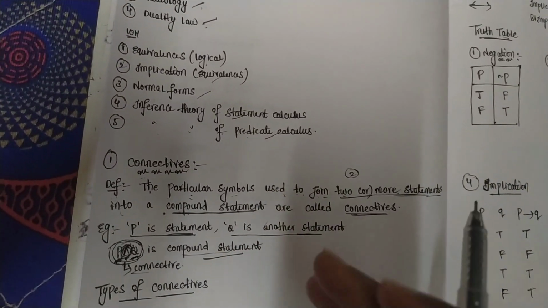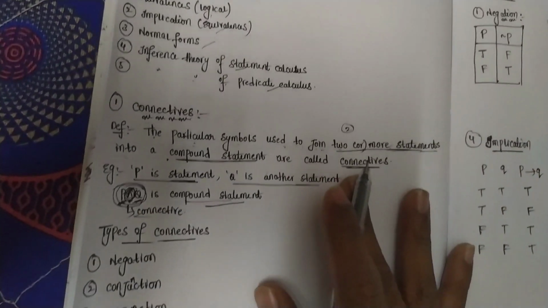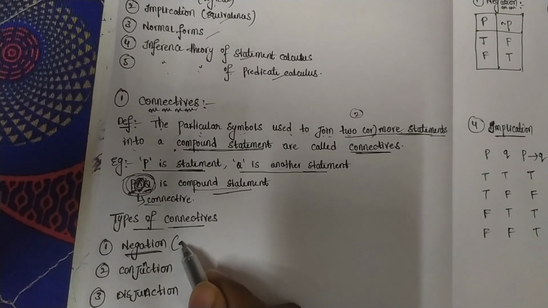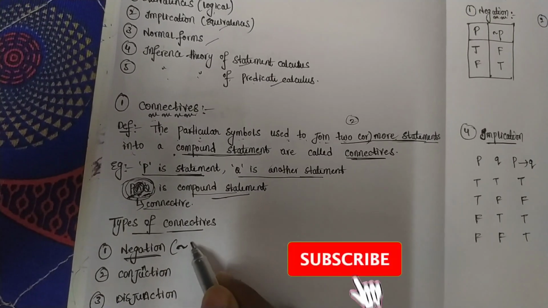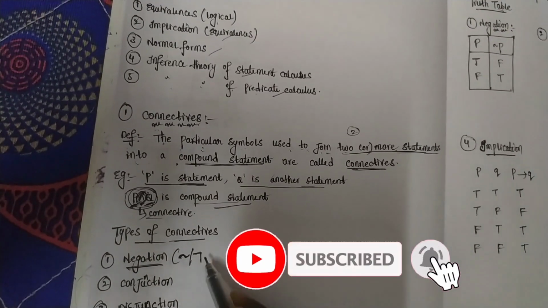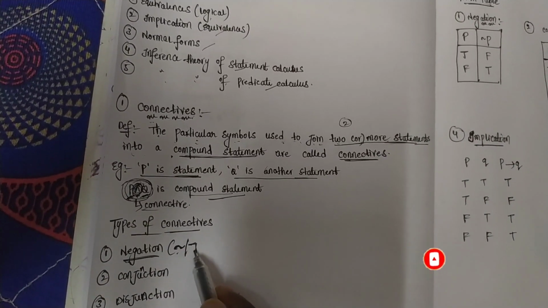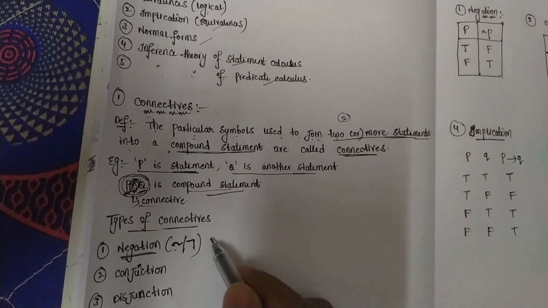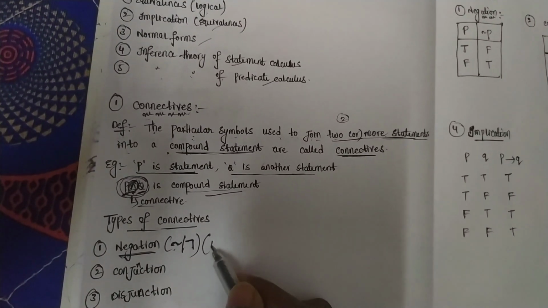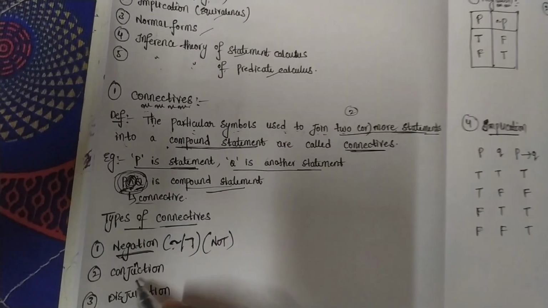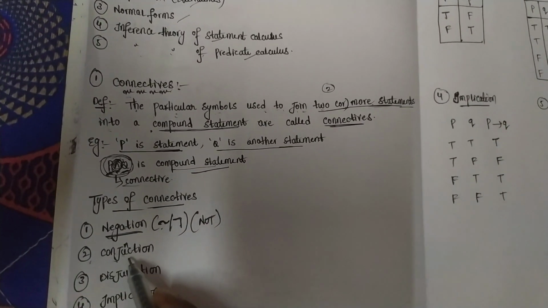Here are some types of connectives. The first one is negation. It is indicated with this symbol or this symbol, and we can also use it as the word not. The second one is conjunction.